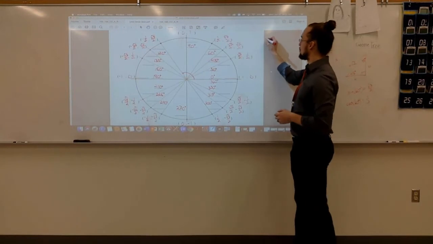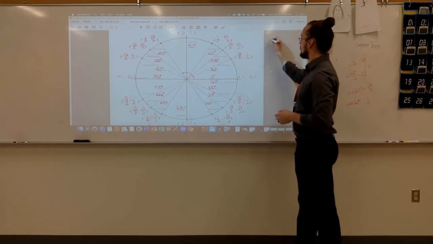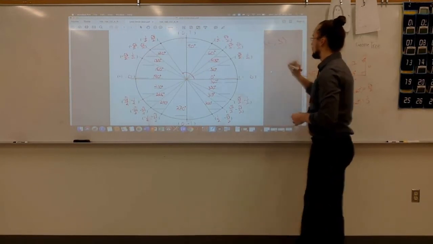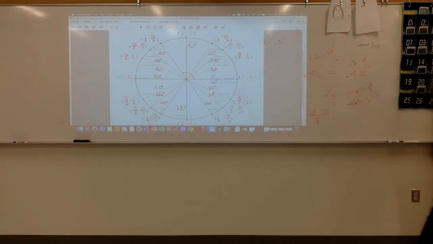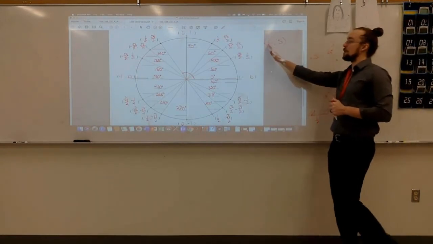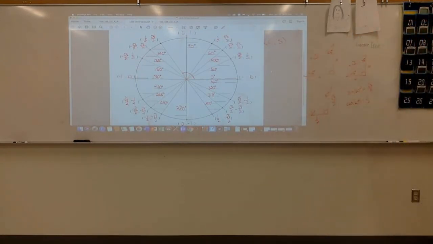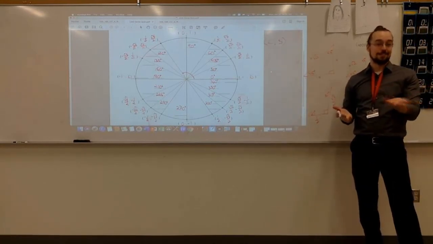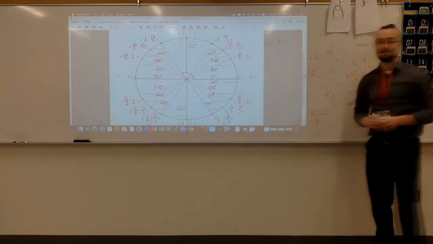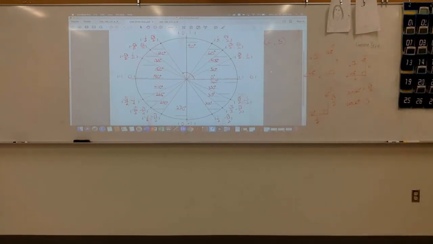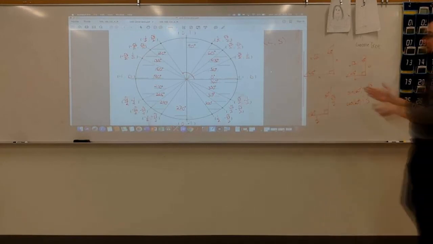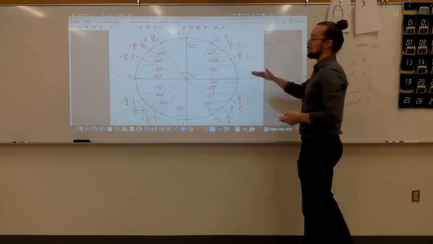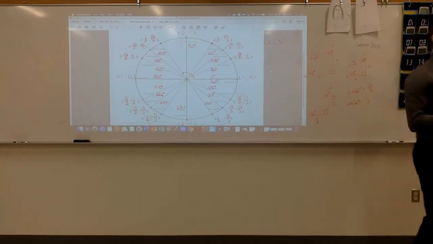The easiest way, I think, to remember that, if you ever get mixed up on which one's which, is alphabetical order: cosine first, then sine, like x and y. So cosine is the x-coordinate, sine is the y-coordinate of all of these points.